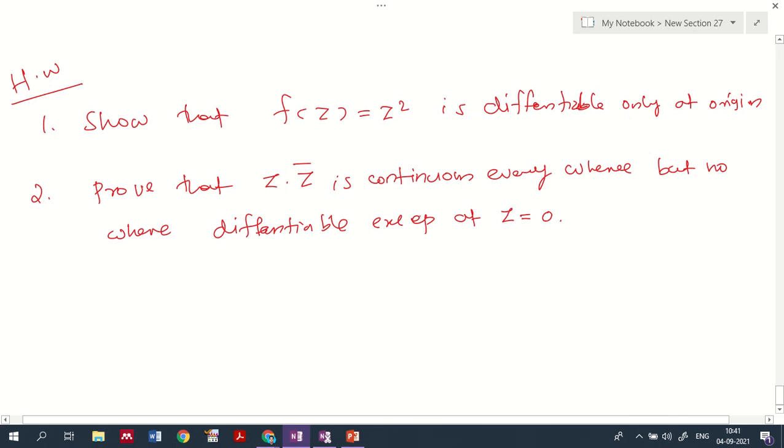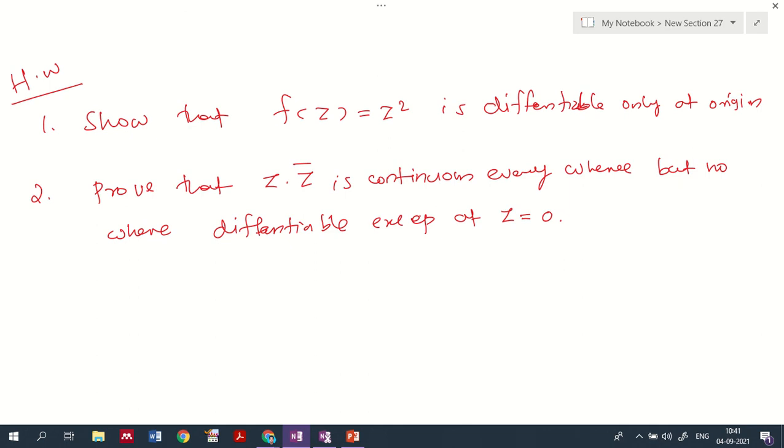Okay, so that is about the discussion of differentiability, single valuedness, continuity and limit existence of the representation.